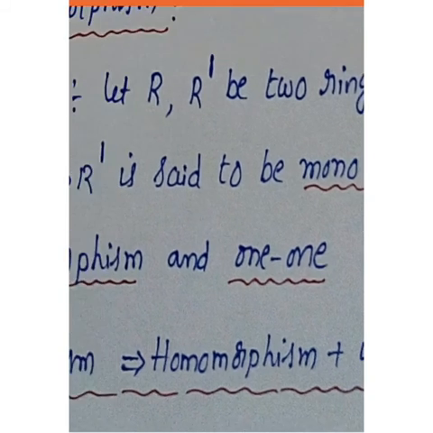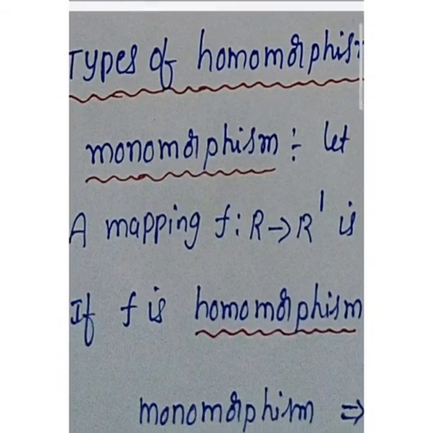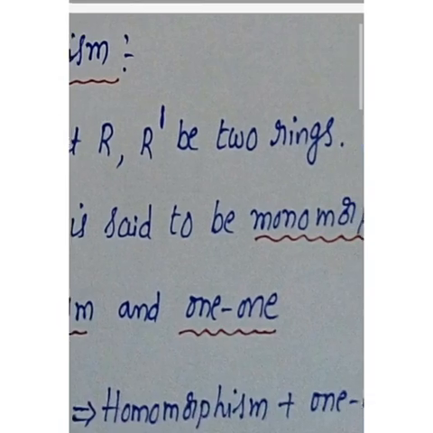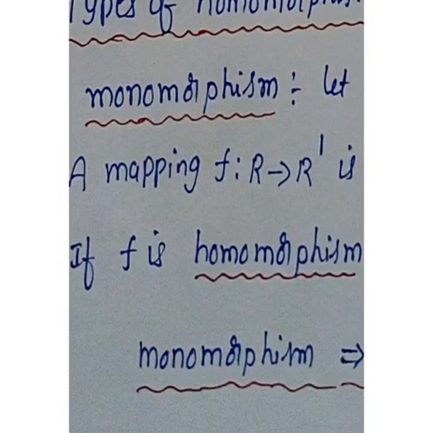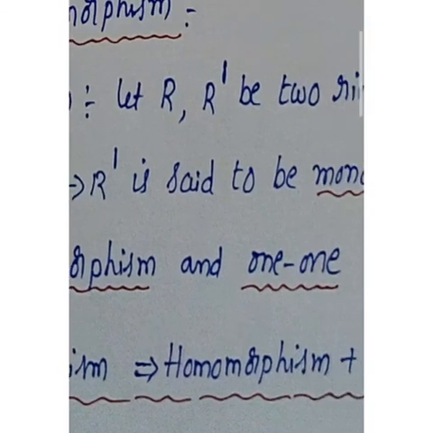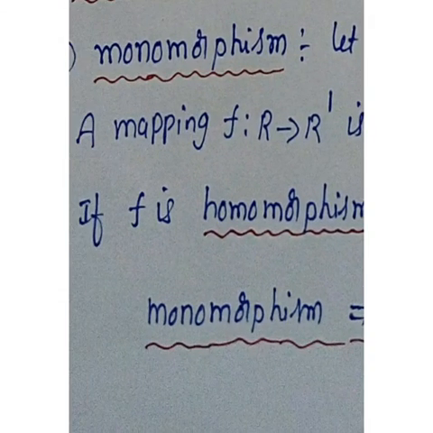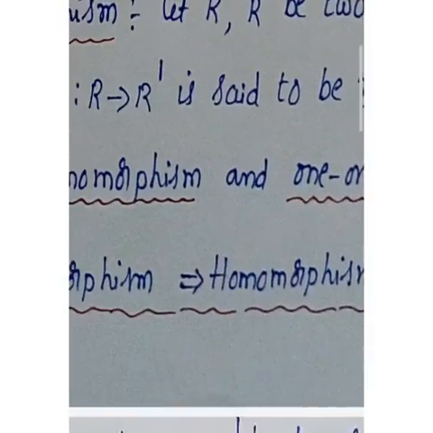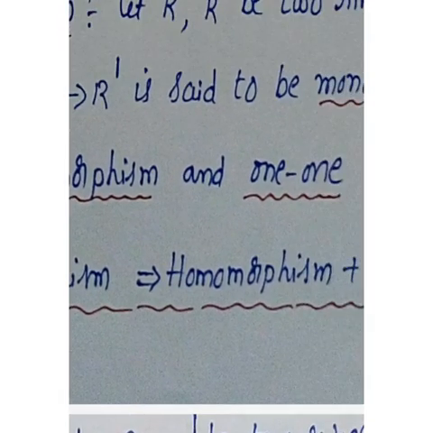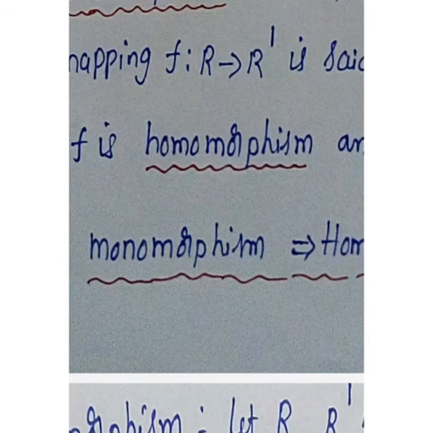So the definition of monomorphism is, let R, R' be two rings and f: R → R' is said to be monomorphism if it is a homomorphism and one-one. Homomorphism plus one-one is called monomorphism.